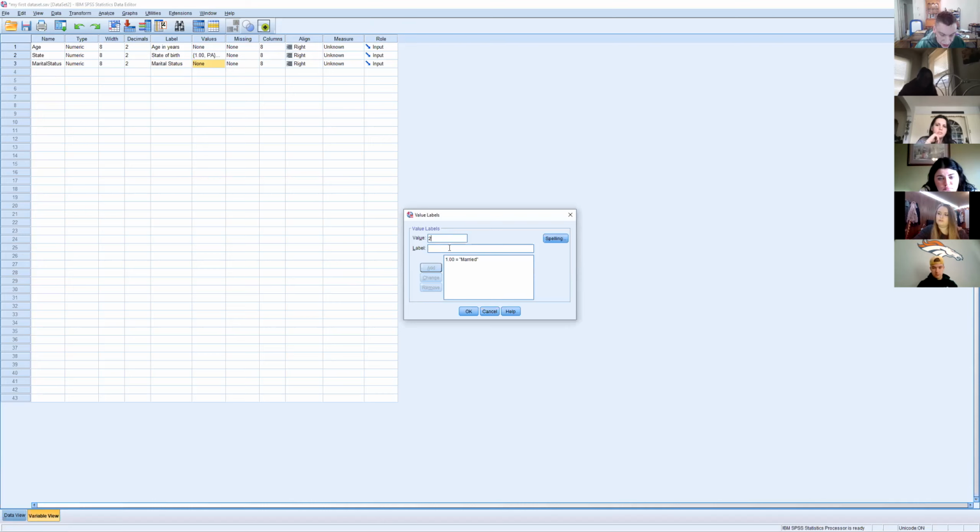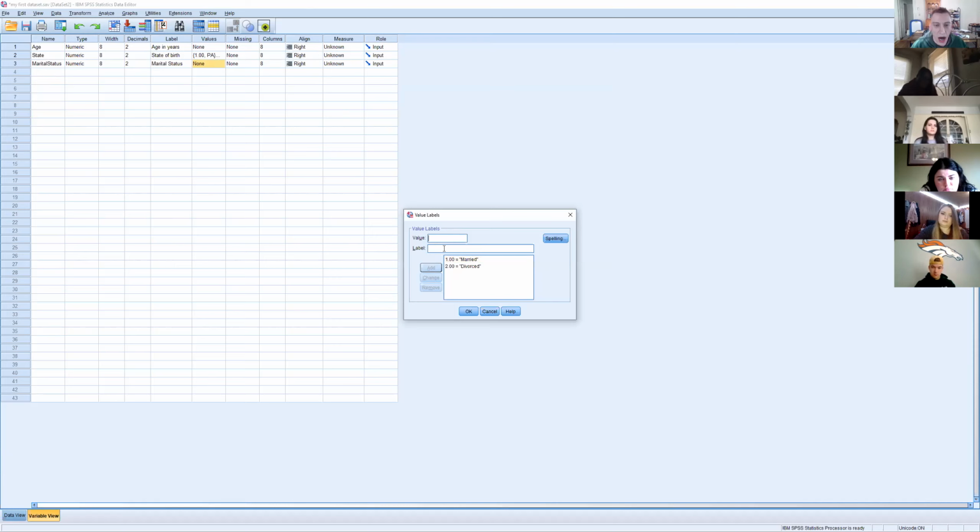Then 2 is equal to divorced, and then you always have to hit add, and it adds in there.